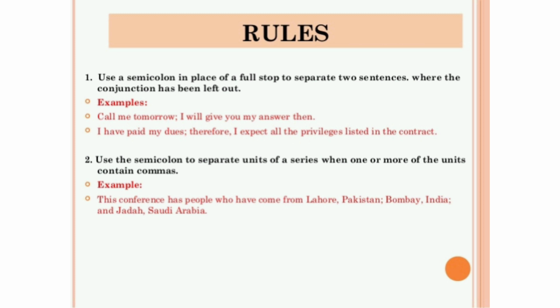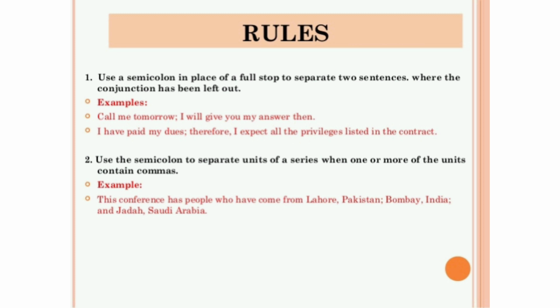I have paid my dues; therefore, I expect all the privileges listed in the contract. Also, you use the semicolon to separate units of a series when one or more of the units contain commas. For example, this conference has people who have come from Lahore, Pakistan; Bombay, India; and Jeddah, Saudi Arabia.